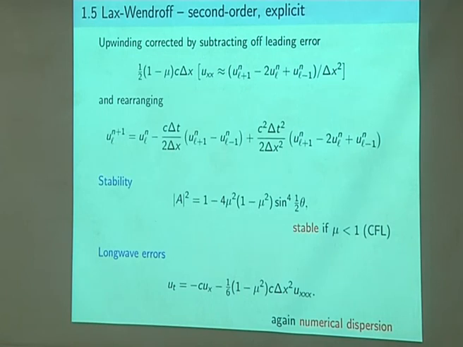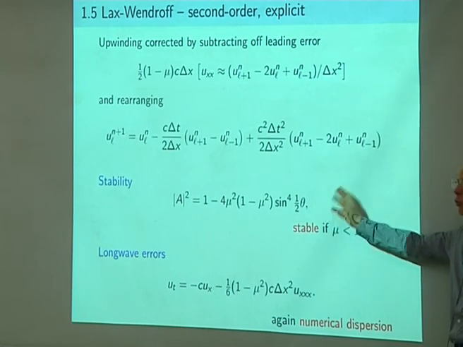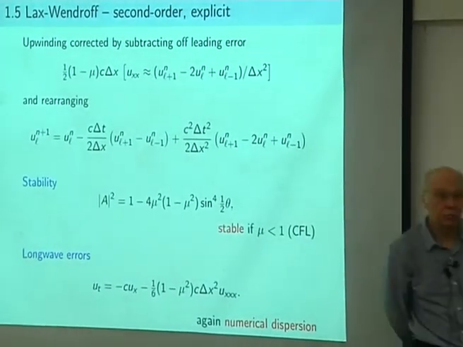The stability analysis is getting a little more difficult, and the answer is that simple expression after some work, and that is the magnitude of A will be less than 1 as long as mu is less than 1. It'll be less than 1 for all values of theta if mu is less than 1, which is what we expect.